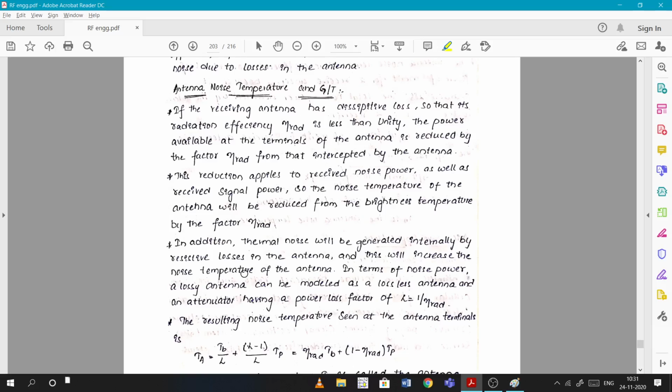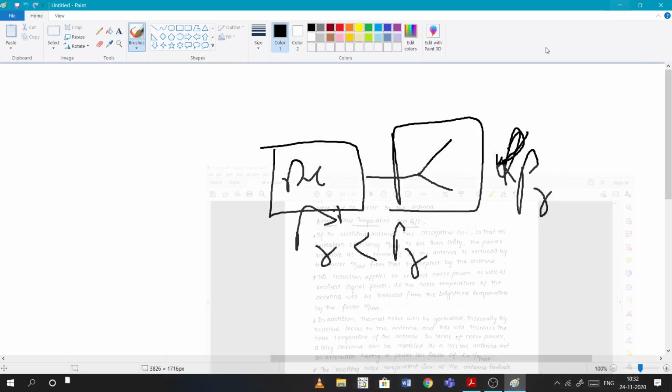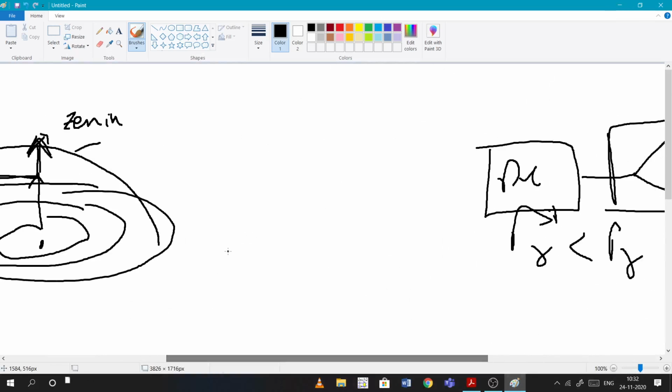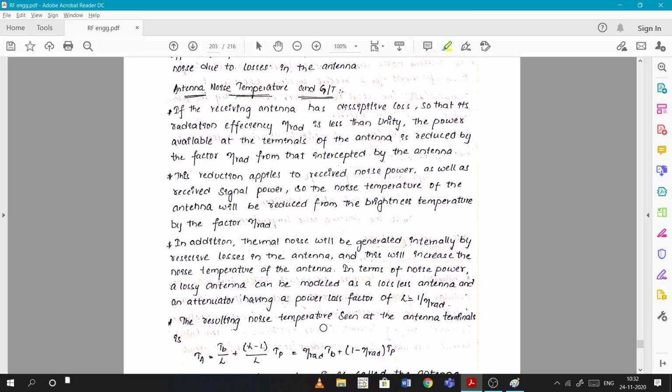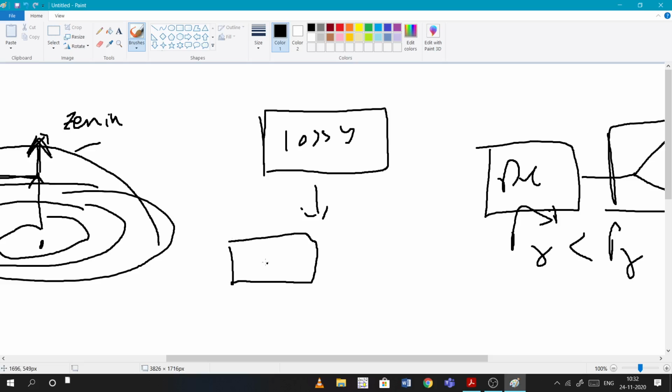In terms of noise power, a lossy antenna can be modeled as a lossless antenna combined with an attenuator having a power loss factor L equal to 1 by eta radiated. What he's saying is we can represent a lossy antenna as a lossless antenna combined with some attenuator.